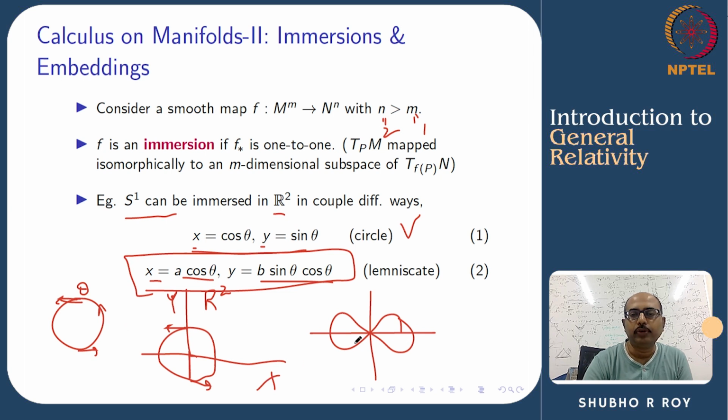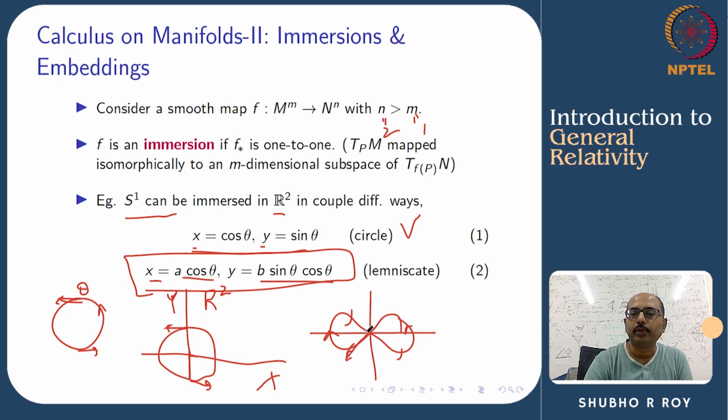At theta equals 0, it starts from the origin, and then it goes around like this, goes to the bottom, and then comes back up, and goes back like this. So at theta equals minus pi by 2, the curve is going this way, so this is the tangent vector, and at theta equals plus pi by 2, sorry, this is theta equals plus pi by 2.